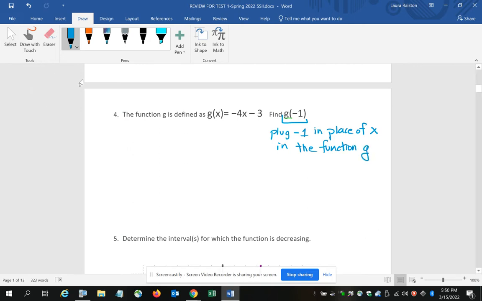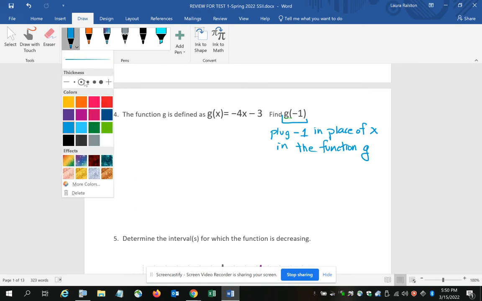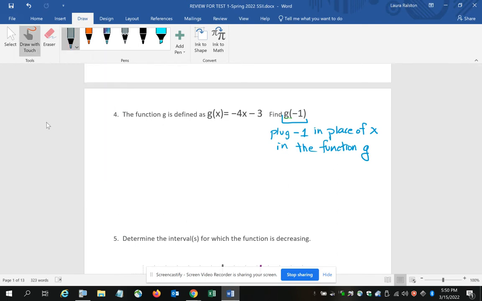So again, don't overthink it, don't overanalyze it. It's basically plug and chug. So g at negative 1 equals negative 4 times negative 1 minus 3.